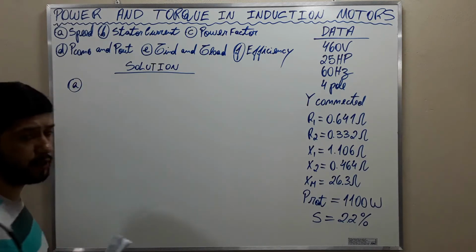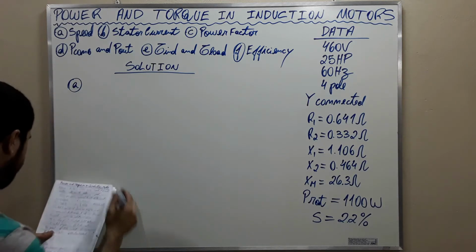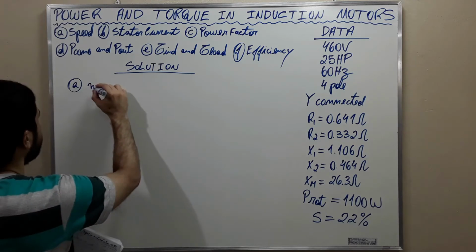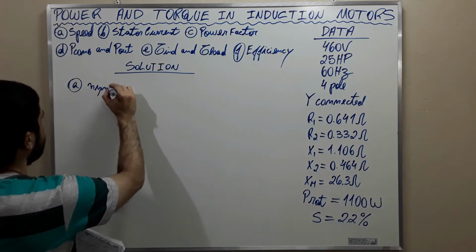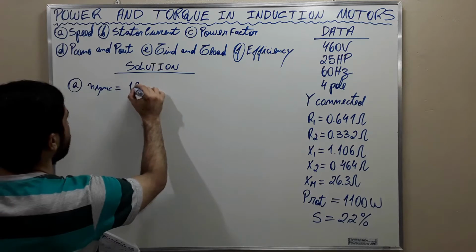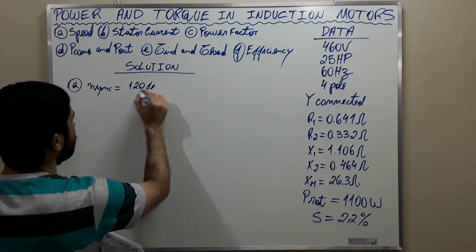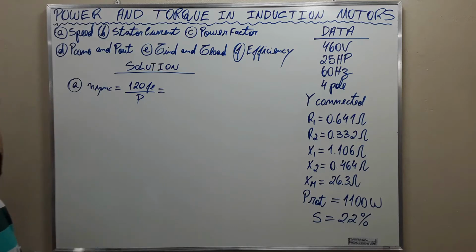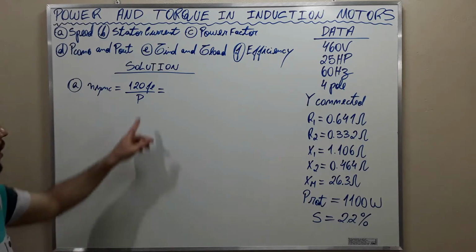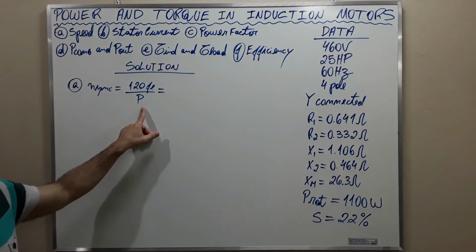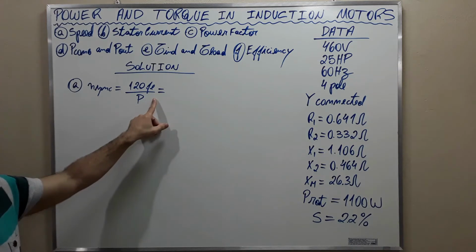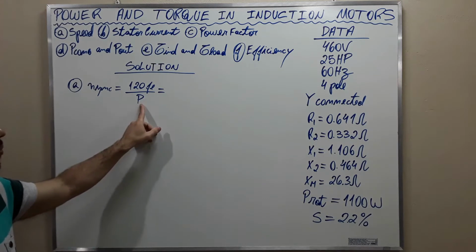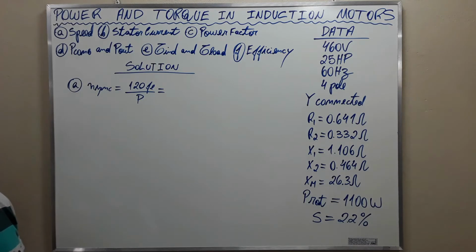The synchronous speed is given by 120 times Fe divided by P, where Fe is the system's frequency and P the number of poles.